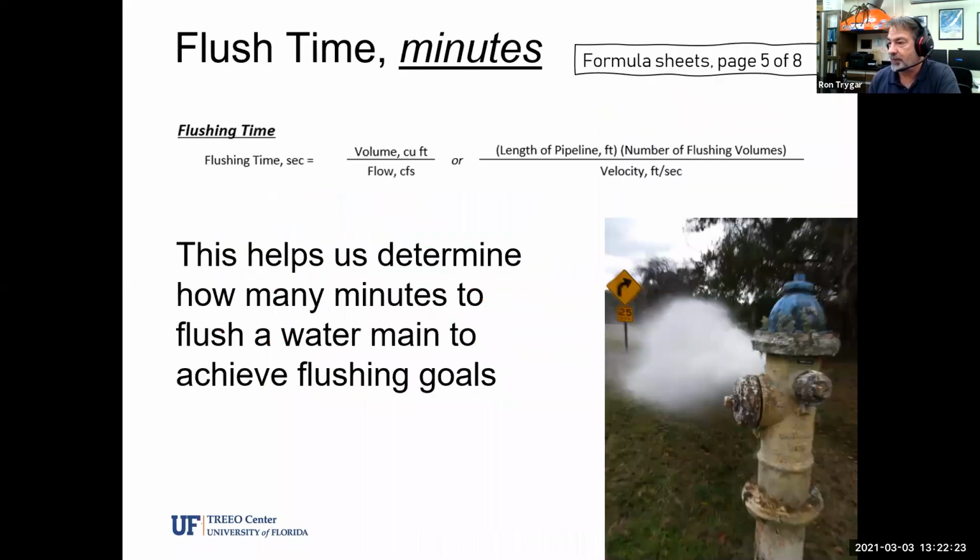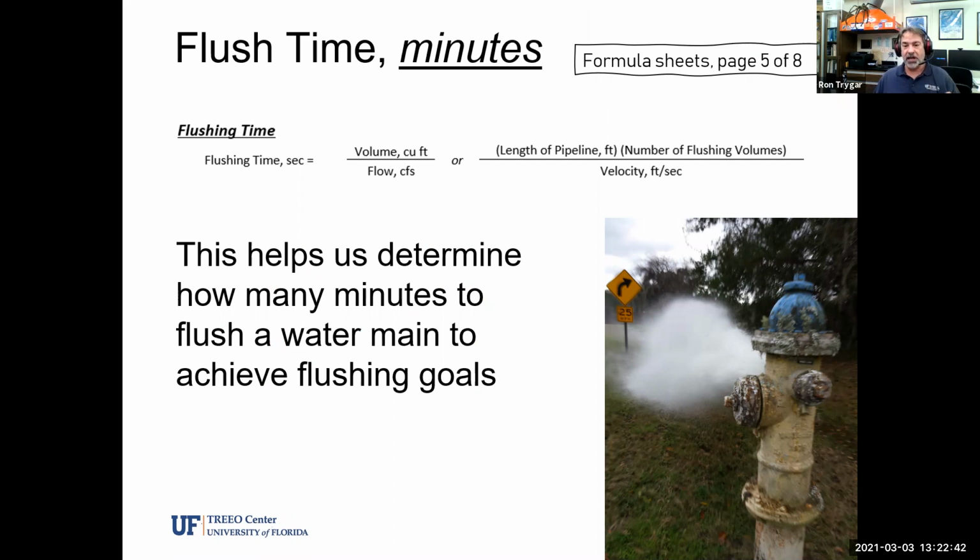All right, let's talk about flushing time, the actual time it takes to flush a water main to achieve certain flushing goals. When we flush water mains, we're trying to achieve a certain velocity and water movement through the line.